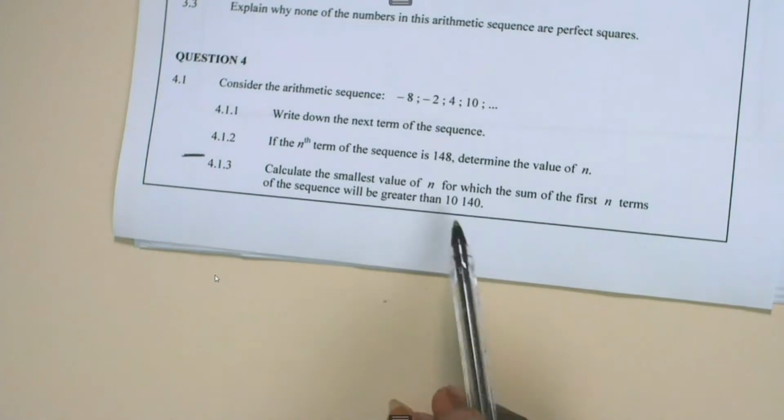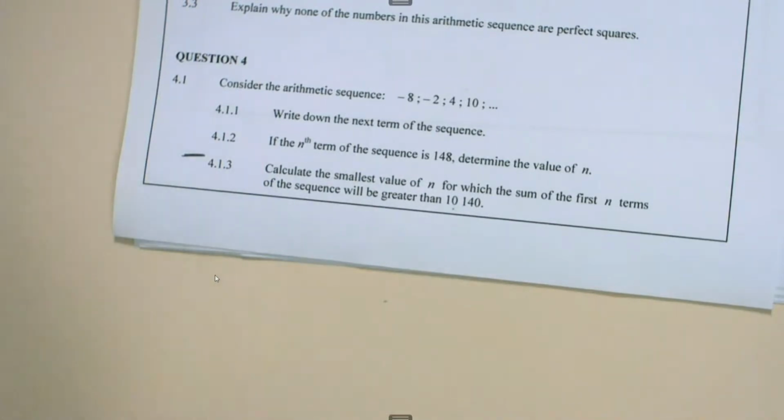Now, it's not always the case that you will meet questions that are as straightforward as finding the sum of the first 12 terms, or finding the n of an infinite series and then the sum. Some questions require you to find the smallest value of n, for which the sum of the first n terms of the sequence would be greater than a given value.